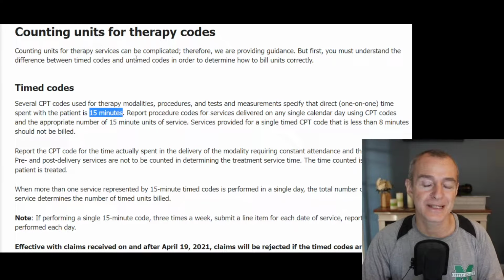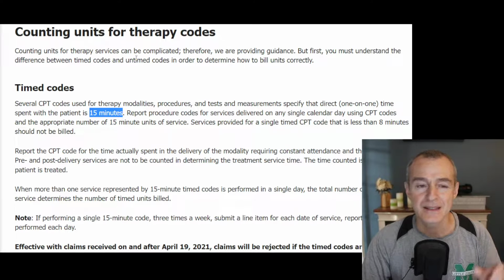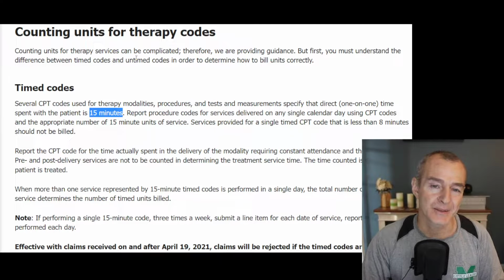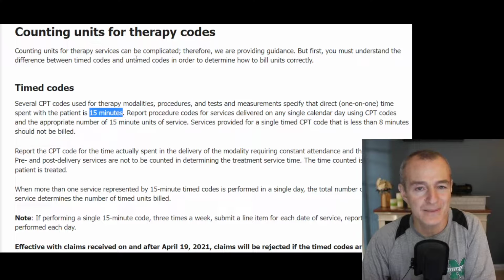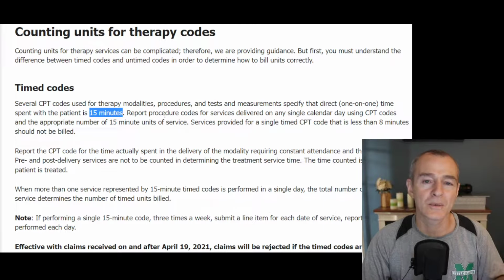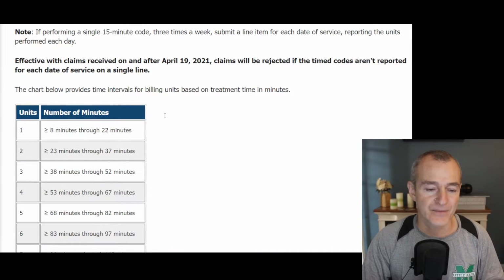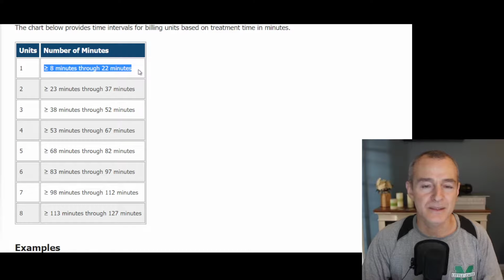So that means that if I bill 100 units of 97110 therapeutic exercise over the course of a year, some of those units can be 8-minute units, but if I do, then some of them have to be 22, 23-minute units as well. The average has to be 15 minutes. So don't fall into the trap of thinking, well, you can always just do an 8-minute unit because it's an average.